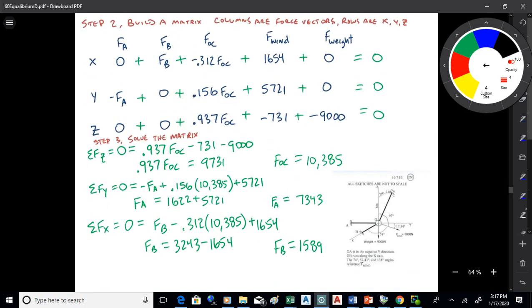So what I'm going to do is I'm just going to drop all those into a matrix. So I set up the headings are the names of the vectors. So I put the unknowns first. I got FA, FB, FOC, and then the wind force and the weight. I put the force vectors in columns.